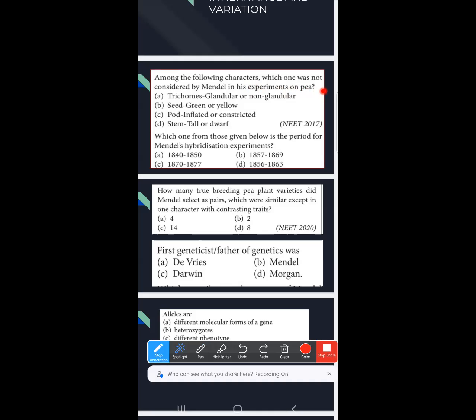We know that Mendel conducted experiments on 7 characters of pea plant. They were stem height, flower color, flower position, pod shape, pod color, seed shape, and seed color.